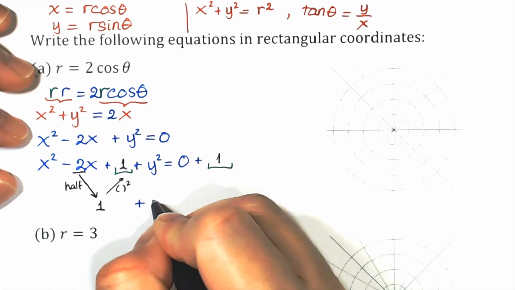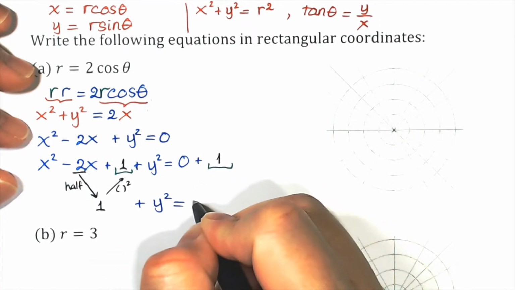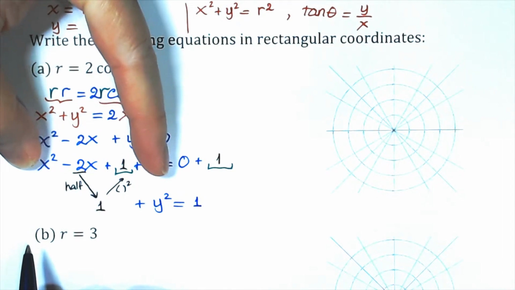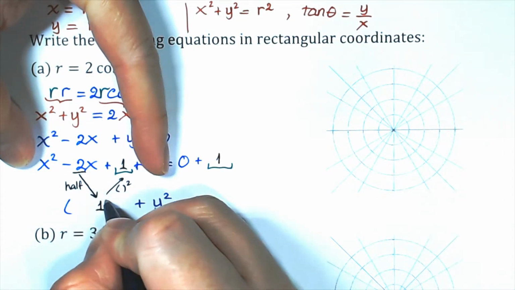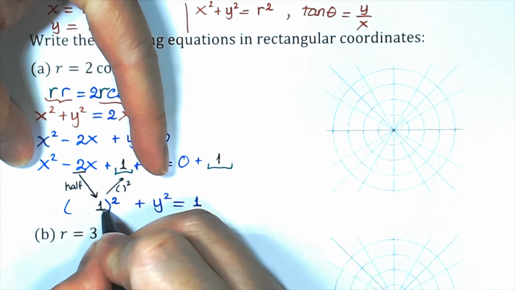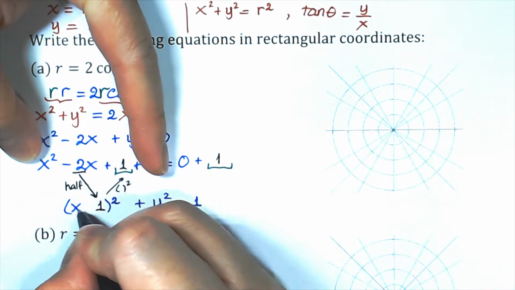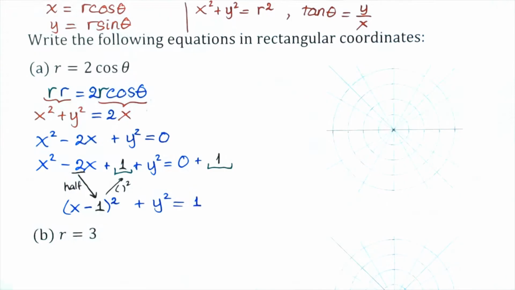So the square will be just y squared. The right hand side will be just 1. Now, those three terms will be a square, 1 inside, and then will be just x minus 1 squared.